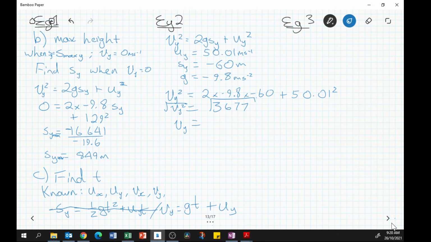So the mathematics here will work out, but we still have to assess our final solution and say, all right, this is a final velocity. This is acting downwards, all right? The math doesn't help us there. That's where the physics is, okay? Your answer to this should be 60.64.